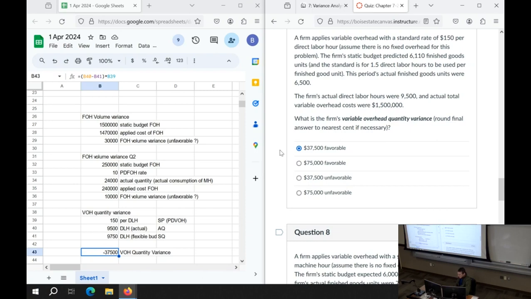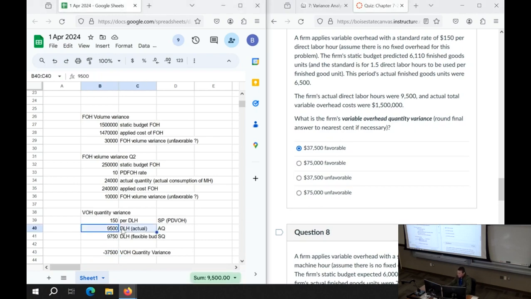It's also a variable overhead cost, or can be, depending on how the supervisor is paid or what their association is. And so if we have fewer direct labor hours, that probably does correlate. Okay, we can accept, at least in some situations, that probably correlates to, indeed, we are using fewer shop supplies because there are fewer direct labor hours being used, fewer people on the floor using that shop equipment, less wear and tear, fewer lubricants going into the machinery to keep it running well.